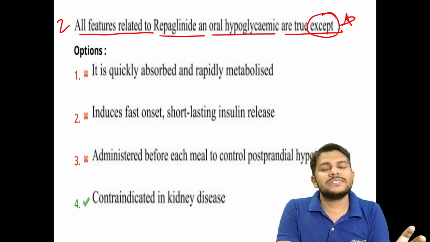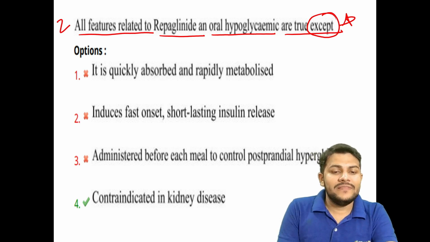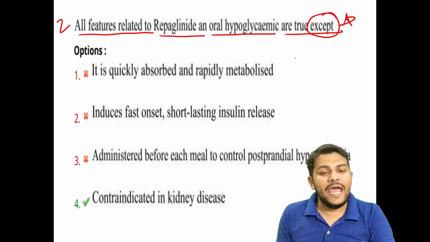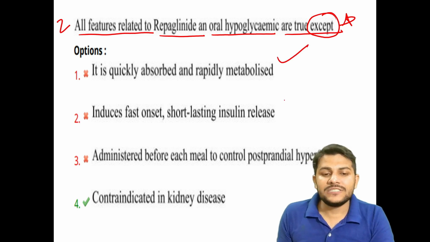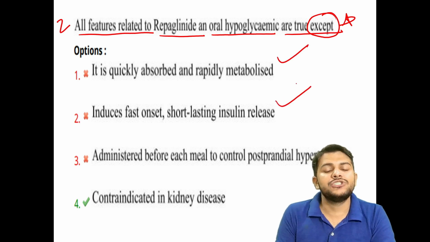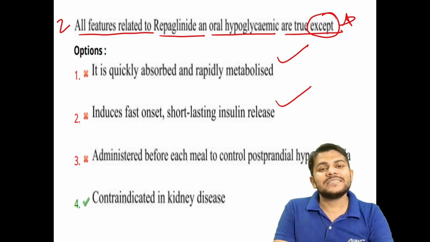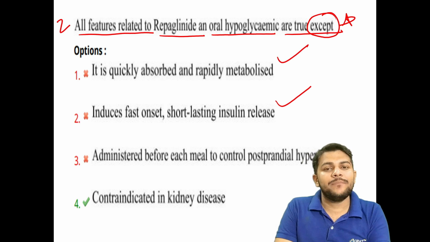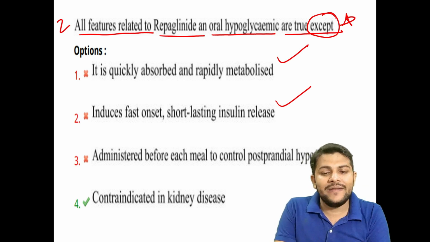We have two classes, biguanides and glinides. Glinides have quick absorption and are rapidly metabolized, the onset of action is very fast, and they have short-lasting insulin release. They are used for postprandial hyperglycemia, meaning after eating food the patient's glucose level rises.